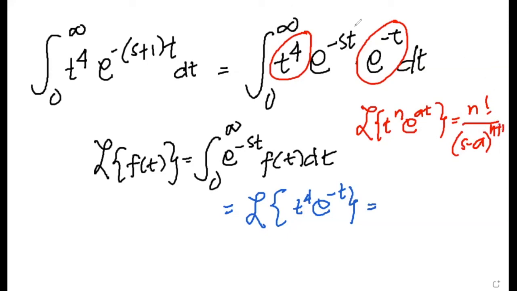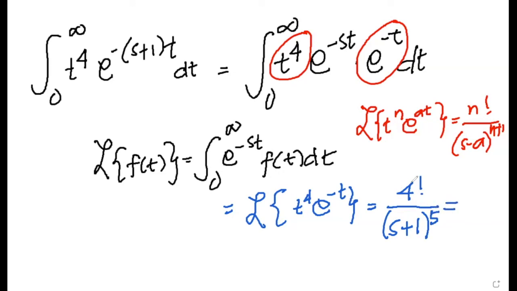Following this formula, we have n factorial, so n is 4, so you write 4 factorial over s, a is negative 1, so minus negative 1, so that's s plus 1, raised to 4 plus 1, we have 5.